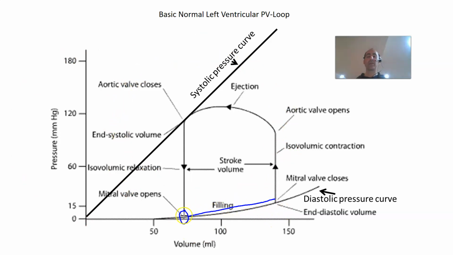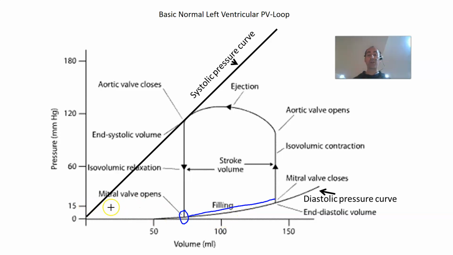Blood comes in through the right side of the heart, eventually gets to the left side of the heart and starts to fill the left chamber. As it fills, not only does the volume of blood inside the chamber increase, but the pressure starts to increase too.